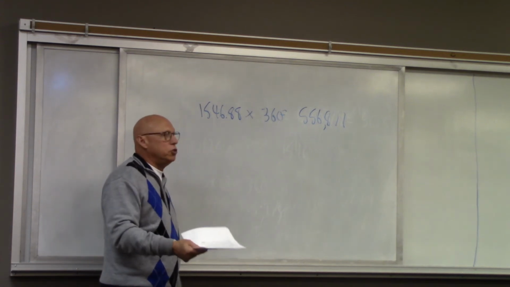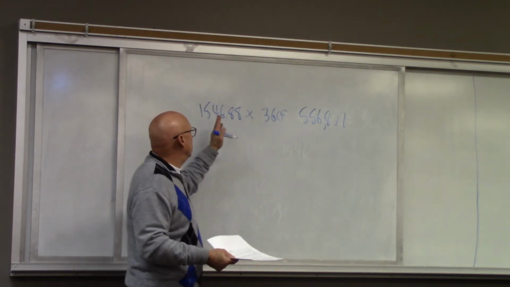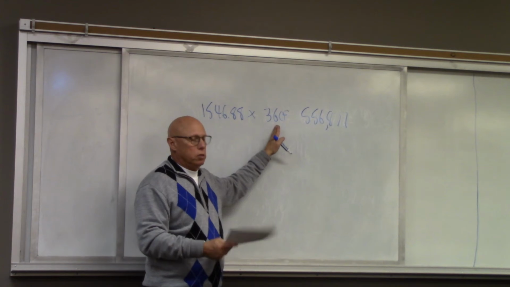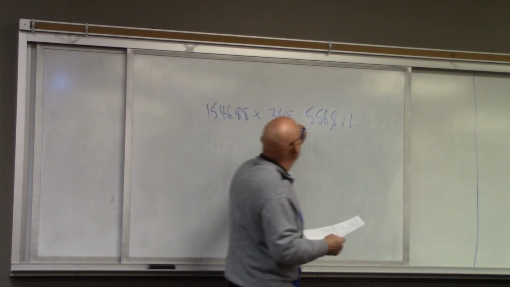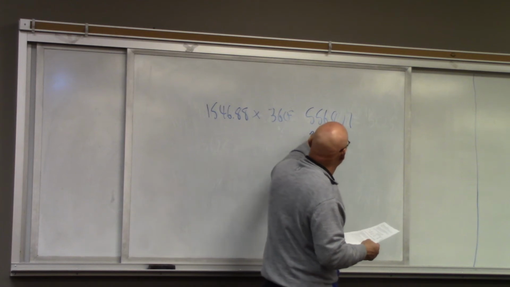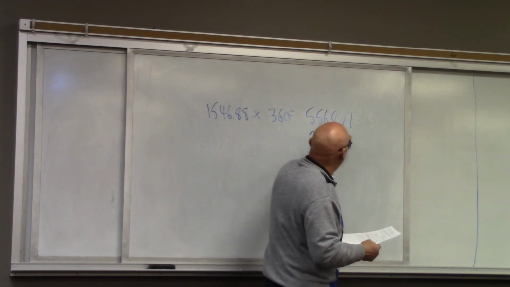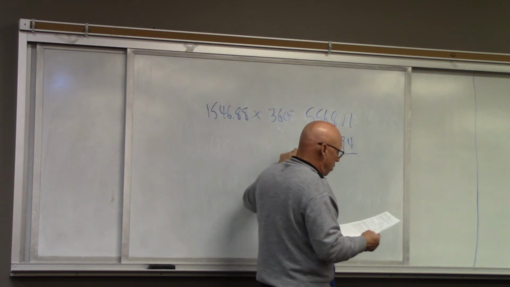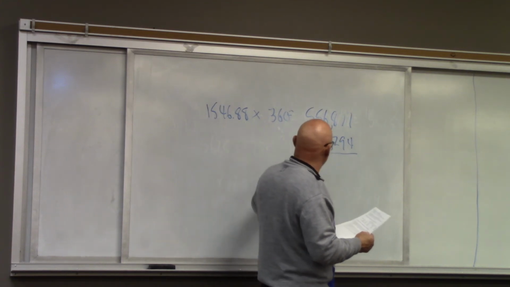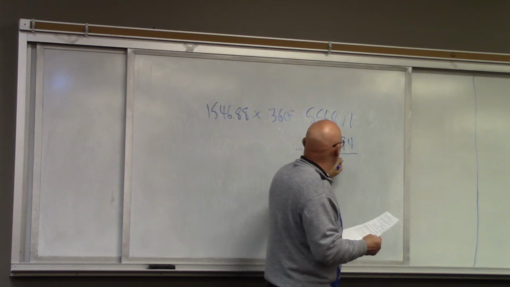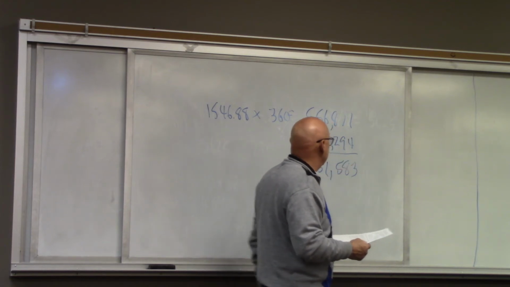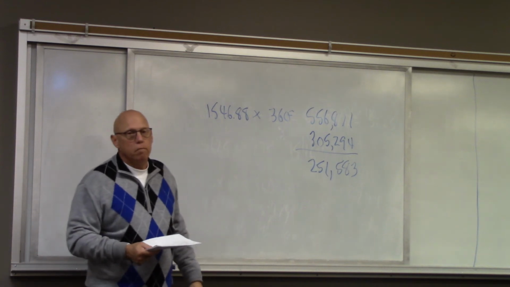$556,877. That's how much you're paying back to the bank. This payment times this number of payments. How much did we borrow? 305,294. Subtract out the amount we borrowed, and the difference is interest, 251,583. Okay?